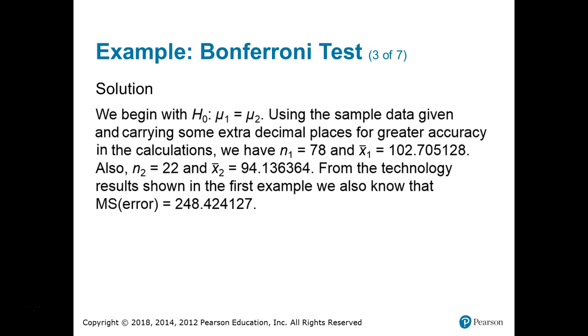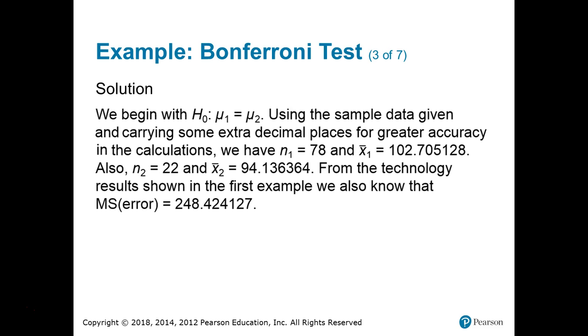So let's begin with the first one, that mu1 is equal to mu2, and then use the sample data given. And this is the same example with the blood levels. Okay, so we have n1 equals 78, and the mean is 102.7, and then n2 is 22, and the mean is 94.13.